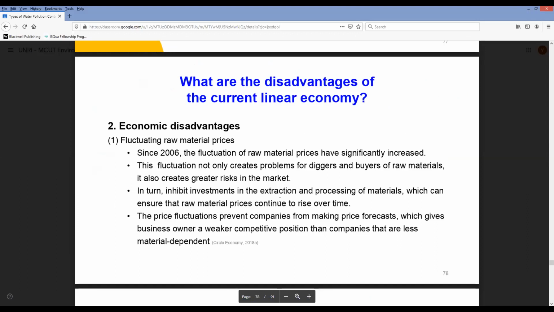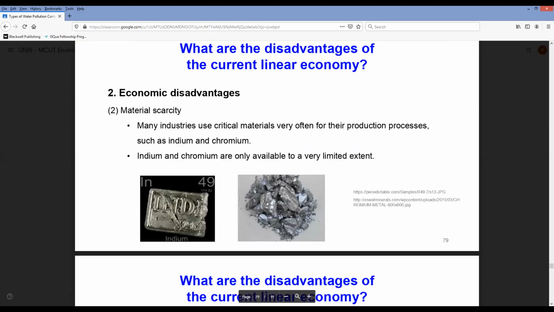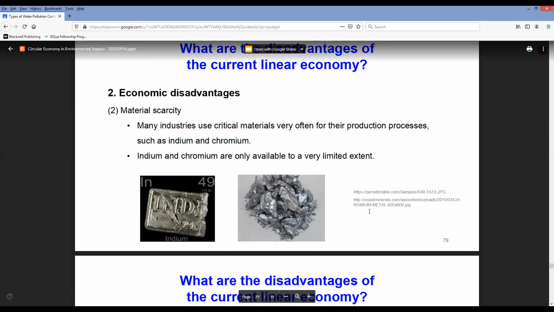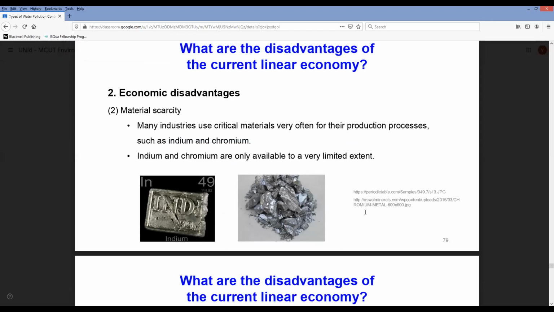The second one is economic disadvantage. First, it fluctuates the raw material price. It makes the material price go up and down, up and down. This is a business aspect. The next one is material scarcity, because the material is a natural resource, and we are not able to produce it.